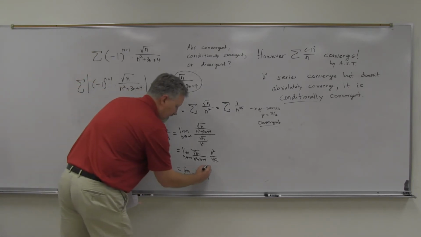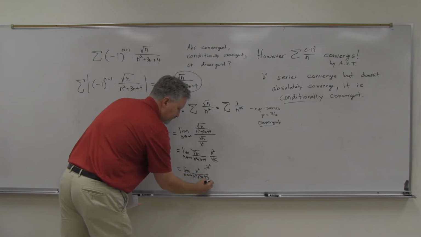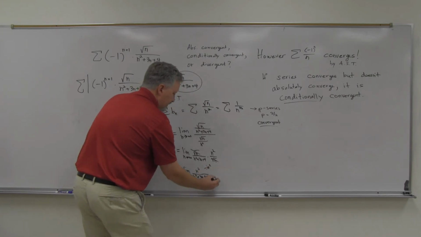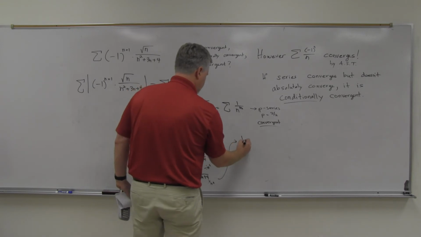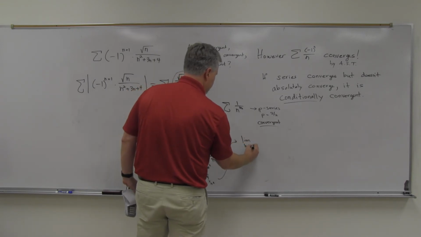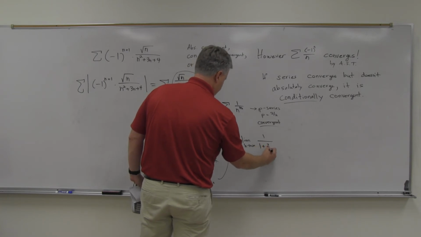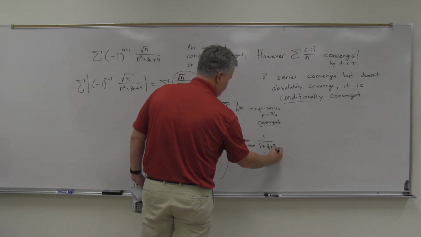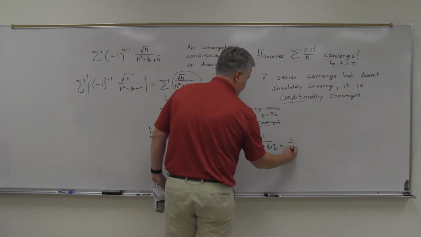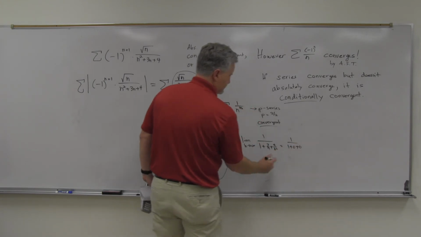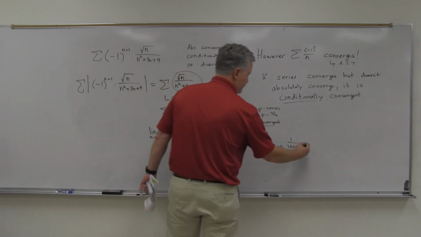So divide top and bottom by n squared. What do we got? 1 over 1 plus 3 over n plus 4 over n squared, which is 1 over 1 plus 0 plus 0. Those two go to 0. That's 1.